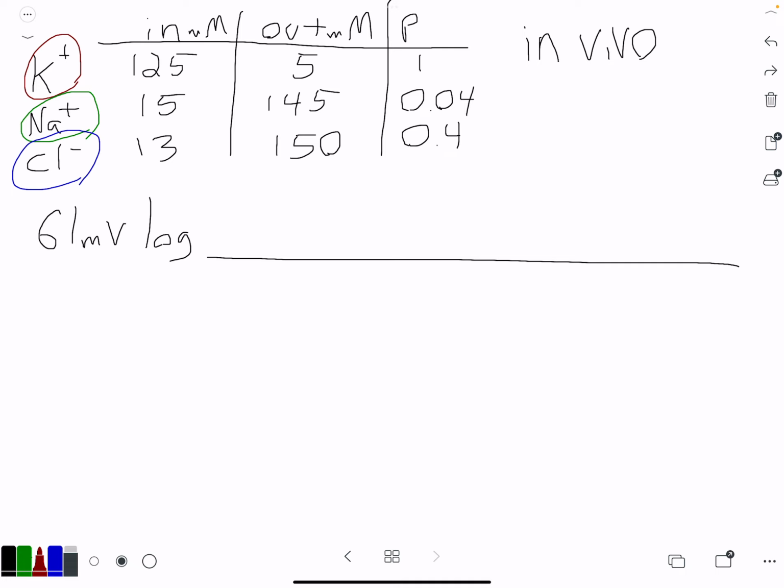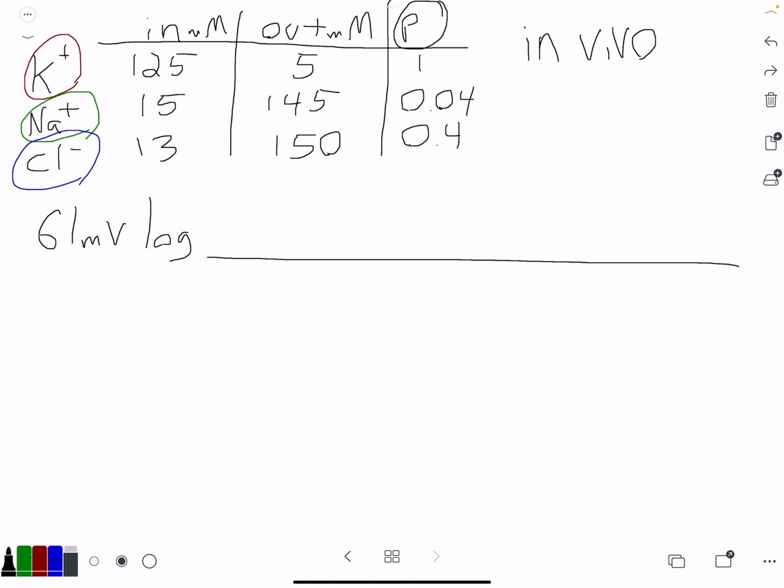So remember, all the concentrations here are going to be multiplied by their relative permeability factors, which are these numbers here. So you can imagine doing this question on the exam. I'm giving you the chart of the permeabilities, but you have to come up with the Goldman equation.